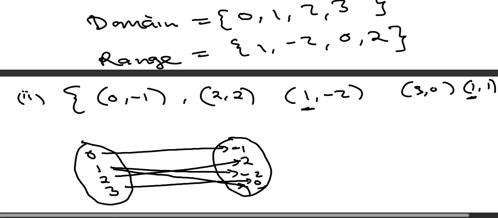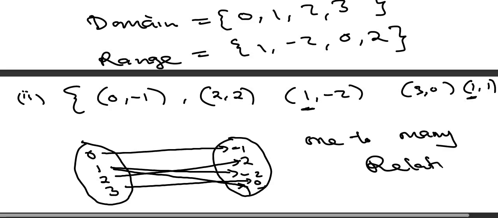This is rather a one-to-many, because there is one that is mapped to two things. So this is called a one-to-many relation. This is just a relation, but not a function. This is not a function because there is no way one number here can produce two things.